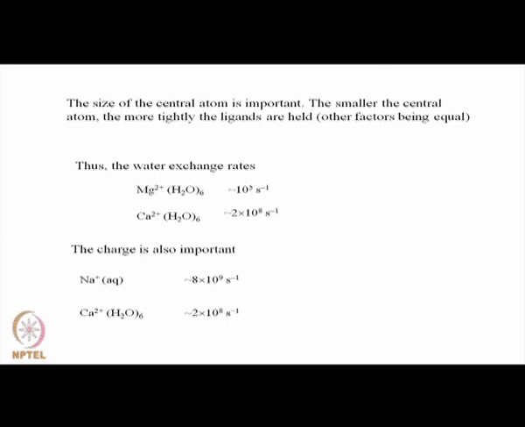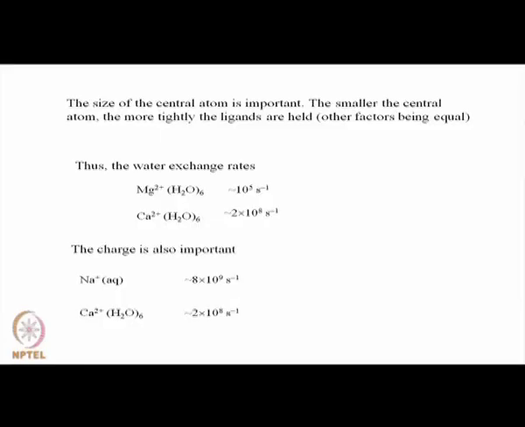So, in this case the size of the central atom is very important. The smaller the central atom, the more tightly the ligands are held, other factors being equal. When you compare, the other factors should be unaltered, otherwise you cannot compare.